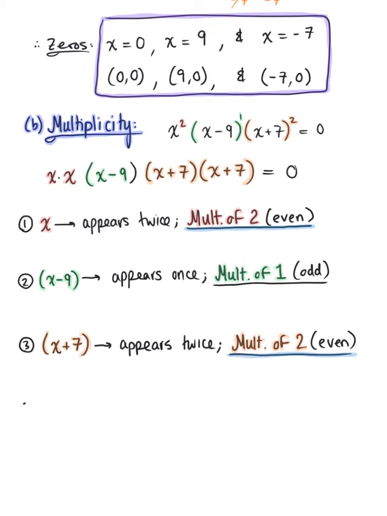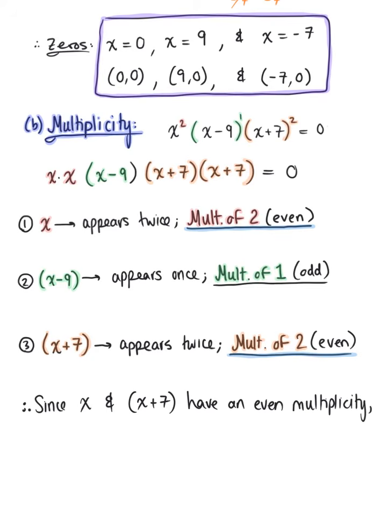So we can conclude that therefore, since the factor x and the factor x plus 7 have an even multiplicity, this lets us know that the graph is going to be tangent to the x-axis at these zeros.